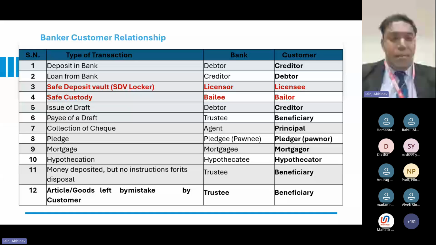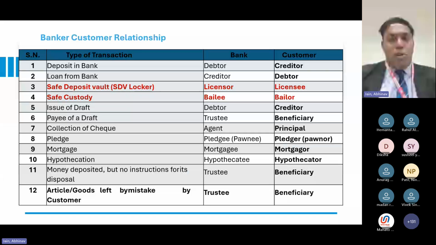Okay, let's proceed. Safe custody. In case of safe custody, the bank is bailee and the customer is bailor. It is again important from the point of view of the exam. Let's say if the bank is issuing a draft, here the bank is a debtor and the customer is creditor. If the bank is payee of the draft, then in that case, the bank is trustee and the customer is beneficiary. If we are collecting a cheque on behalf of a customer purely to credit his or her account, then we are agent.